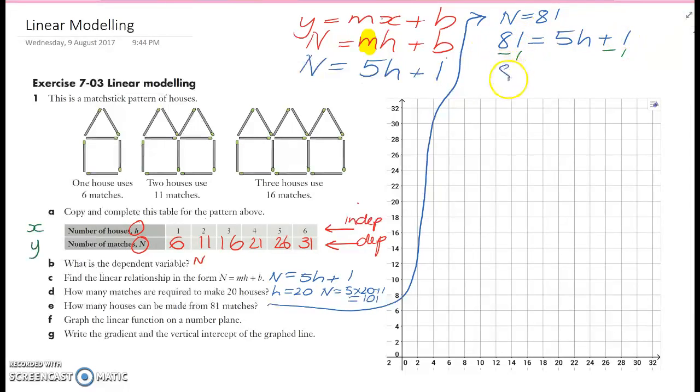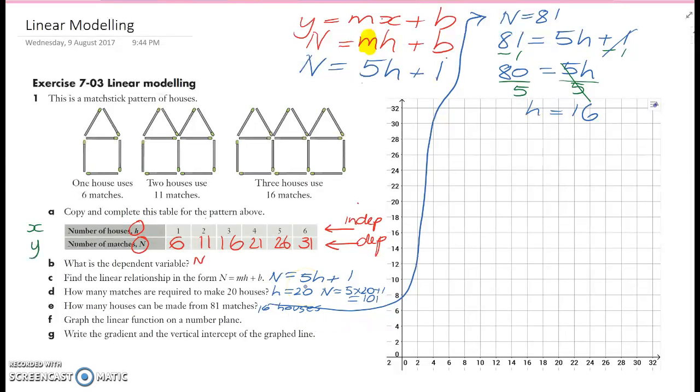So that means 80 equals 5h. Now what's a good choice to do to both sides? Divide by 5. Great, and I'm left with h equals 16. So that's the solution. How many houses can be made from 81 matches? 16 houses.